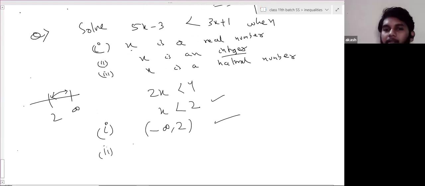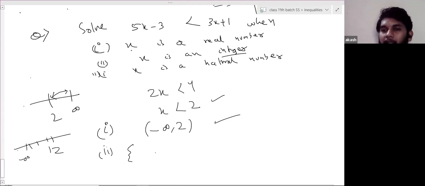In the second part, they are saying x is an integer. So if x is an integer, then we have to write down all the integers from minus infinity to 2. But 2 cannot be included, that means 1 is included. So we can write this in set format, right? How to present this? Any ideas?